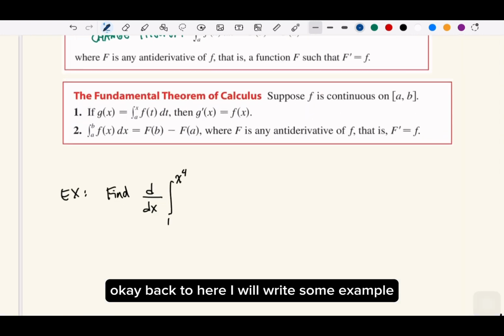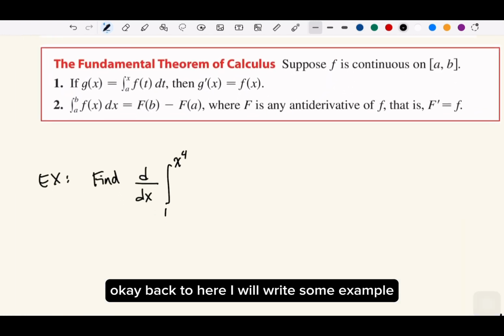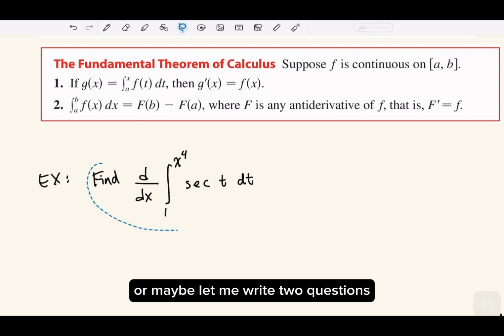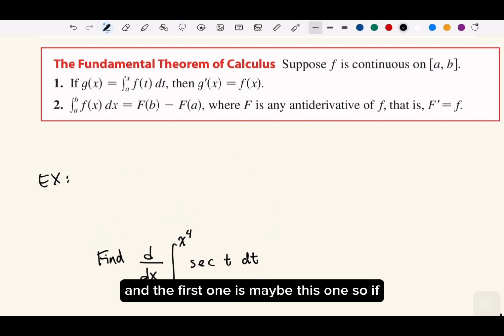Okay, back to here. I will write some example. This is secant t dt. Or maybe let me write two questions. Okay, the first one is maybe this one.